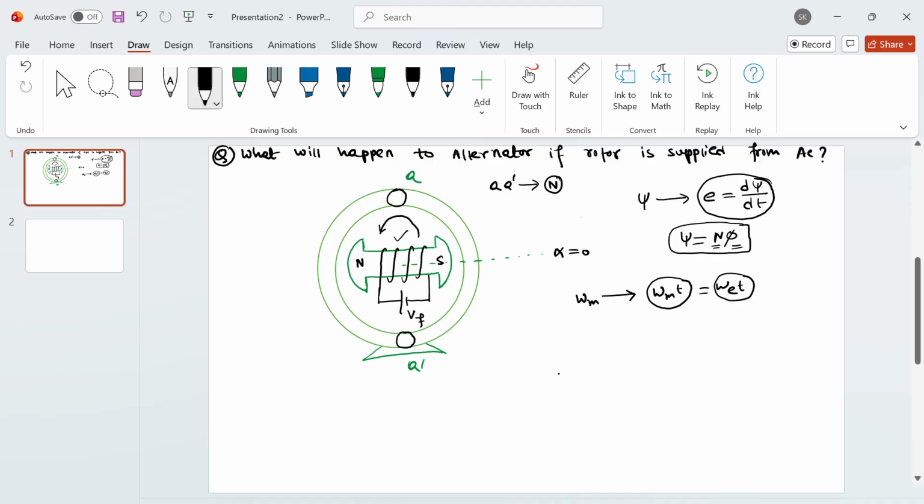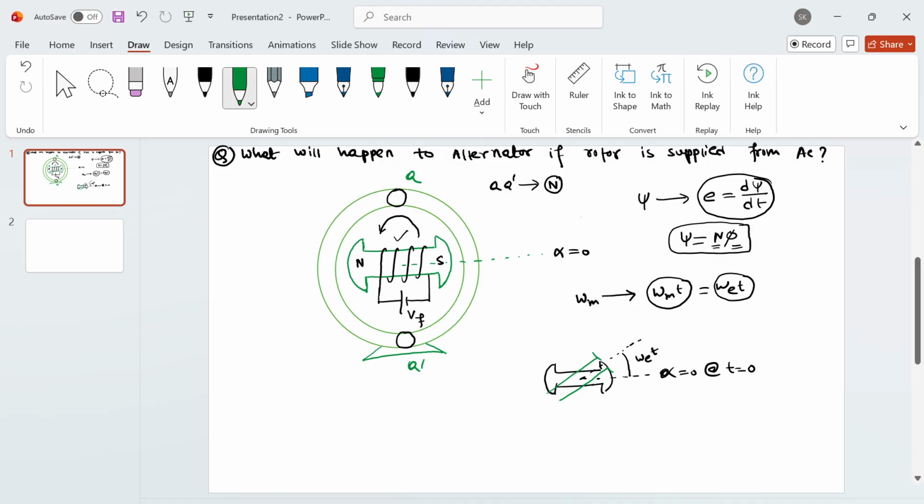For example, let's say this was my rotor. At t equal to 0 it was at alpha equal to 0, and after some time it will come here. The angle will be alpha equal to omega e t, and your rotor position will be something like this.